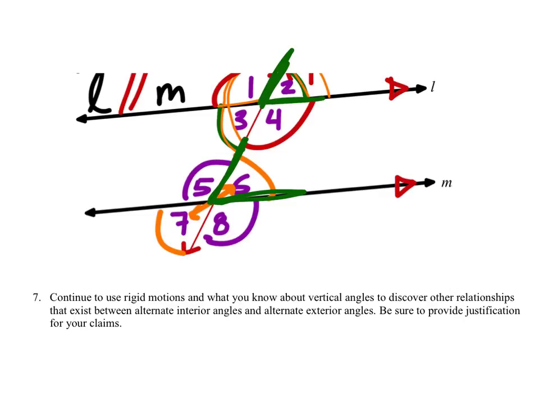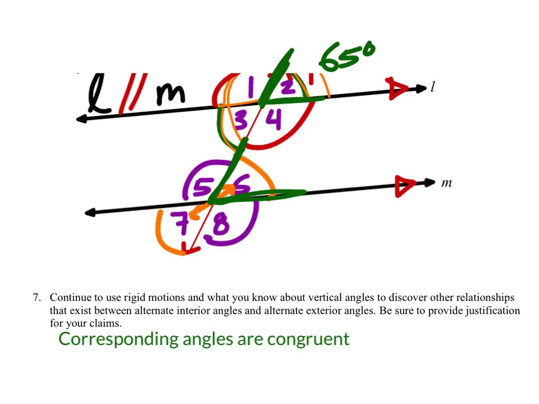And since these are now parallel, we can see that these corresponding angles are going to be congruent. So what that means is if I took angle 2 and said maybe it's 65 degrees, then angle 6 also would be 65 degrees. Now those are corresponding angles.